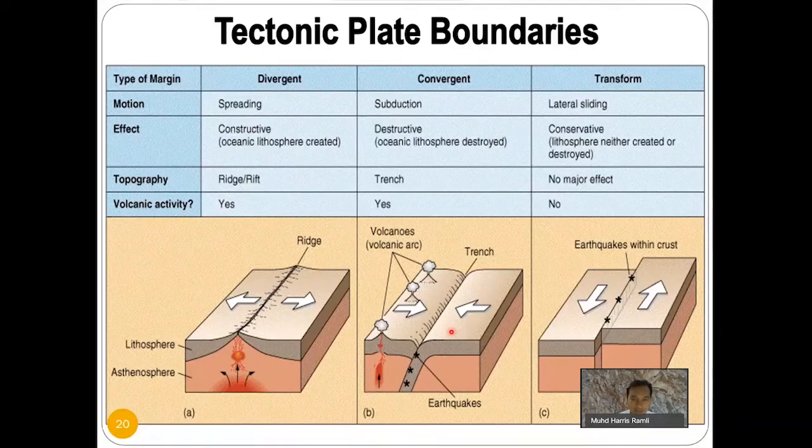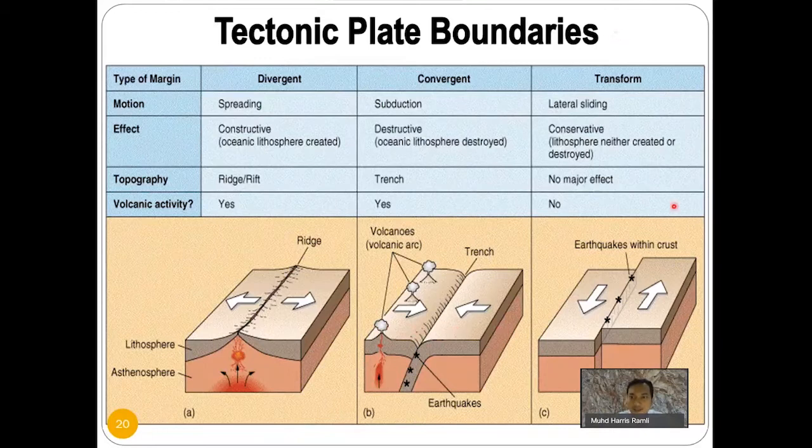So your structure, your bridge, your roads, or your buildings, even landfill, must be considered to be able to take that amount of loads from the earthquakes. Okay, so that is things that in civil engineering need to consider.